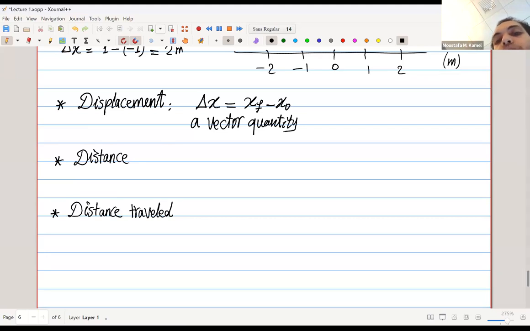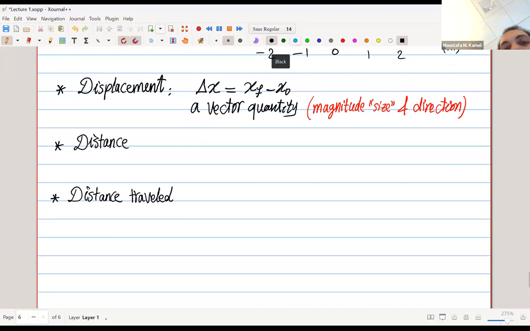So it has both magnitude, or size, and direction. Okay. It only depends on your initial and final position. It doesn't depend on the path traveled in between.